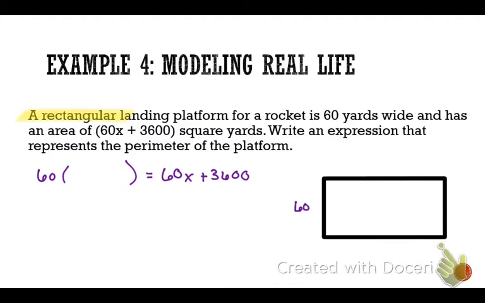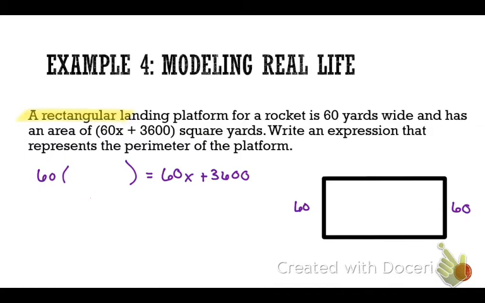The width is 60 yards wide, right? What does it ask me to solve for? The perimeter. So I have to figure out what the length is in order to be able to answer the question, which is why I'm setting this up here. The only reason I'm setting this up is to figure out what my length is.